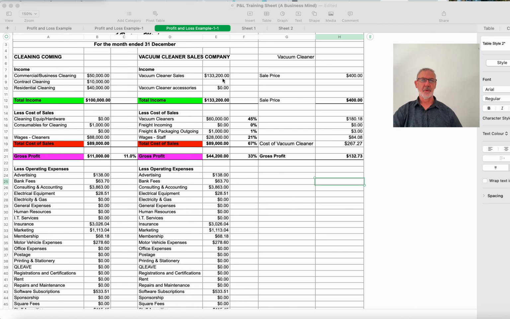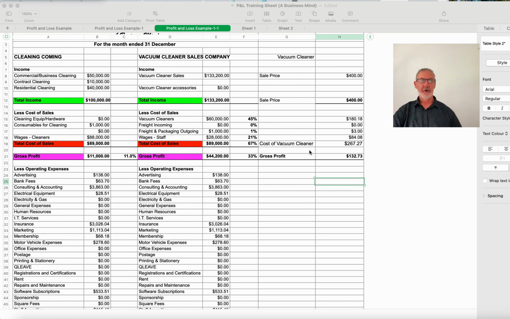So you're making more income. But if the vacuum cleaner is the same cost to you and the wages are the same cost, then you can see that your costs still remain at 89,000, but the difference between your income and your costs is now 44,200, which is a 33% gross profit return.